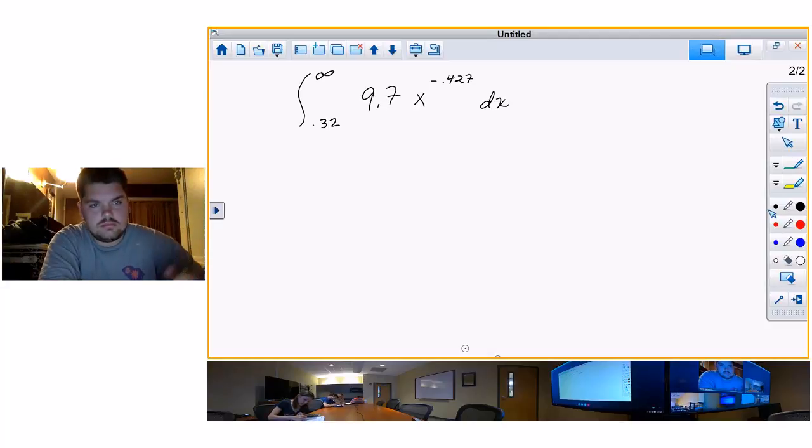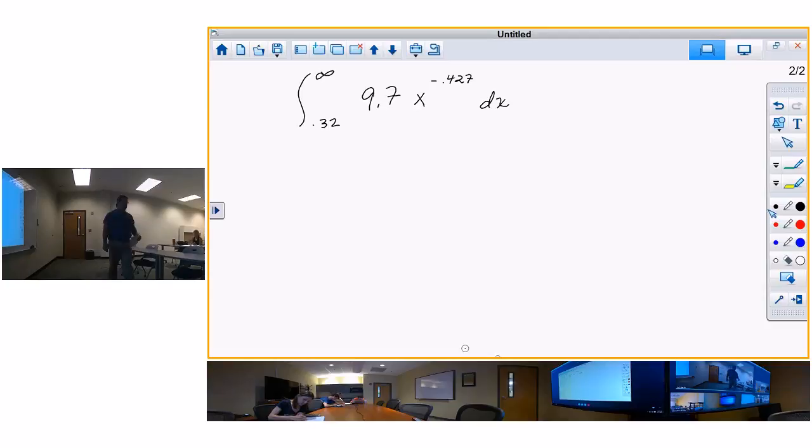For this one, you just take the antiderivative, pull the 9.7 out, and do the antiderivative. Now remember, you got a negative, so that means it's going to come down. So that means you got a natural log, correct?